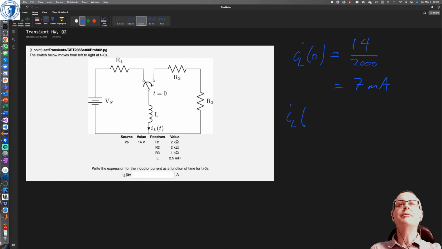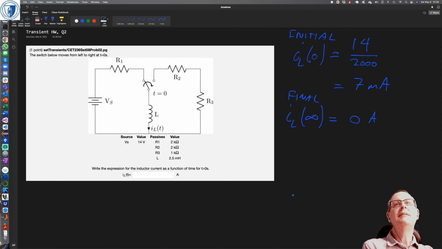So after a long time, this is the initial condition, and this is the final condition. After a long time, there's going to be no current flowing, because there's nothing to push it around. There's no voltage source, there's no current source.